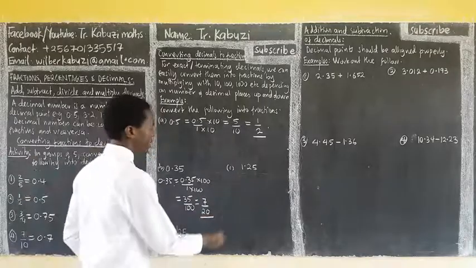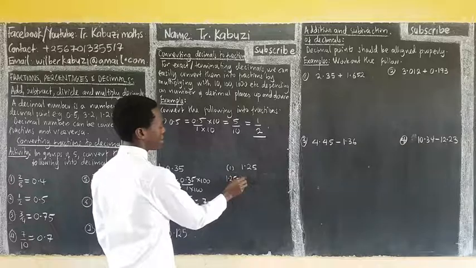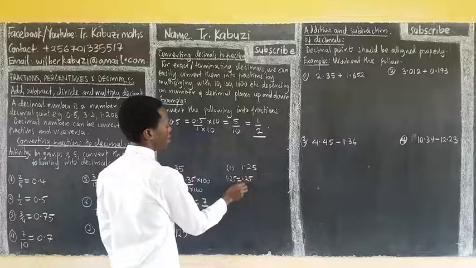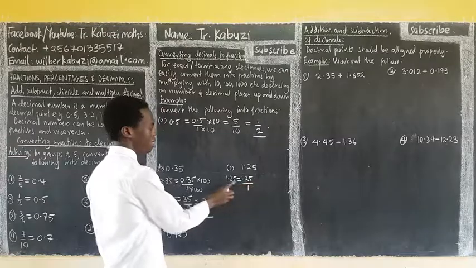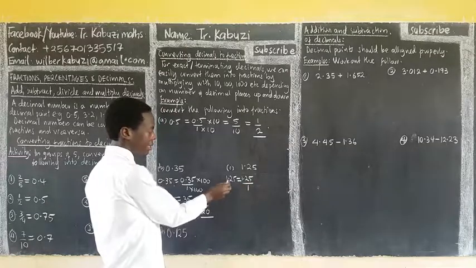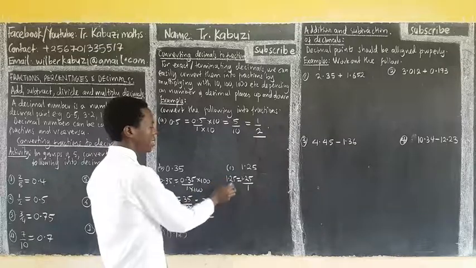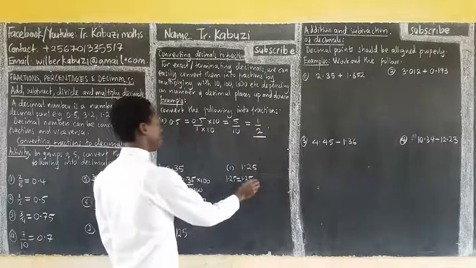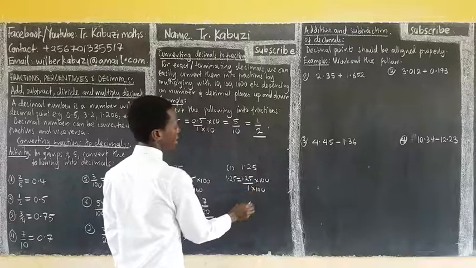When you come to this, it is going to be 1.25, the same as 1.25 over 1. So what happens after? We multiply by how many decimal places? Decimal places are counted after the decimal point. So this is 1, this is 2. So 2 implies we multiply by 100 up and down.